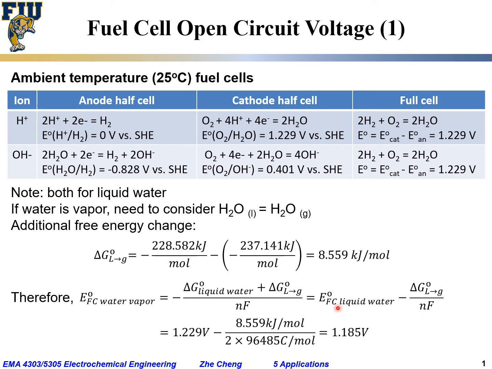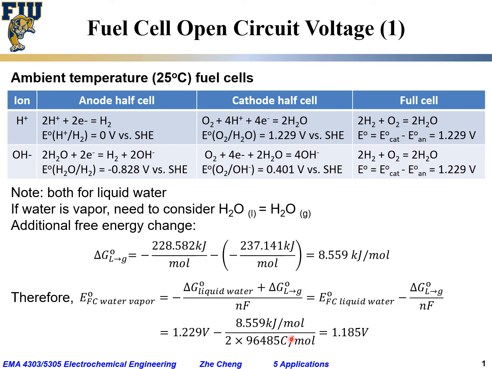So the standard cell potential when the product is liquid water would be 1.229 volt minus delta G0, which is 8.559 kilojoule per mole, divided by NF.